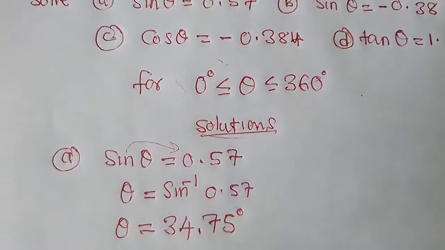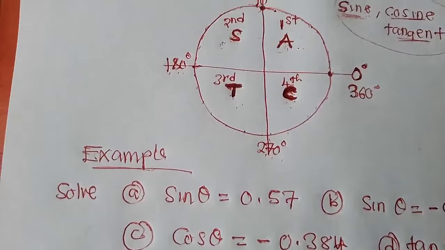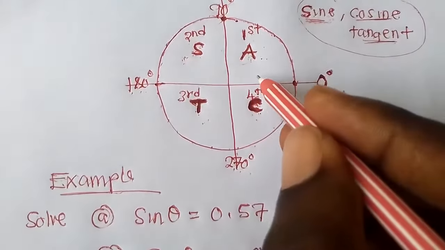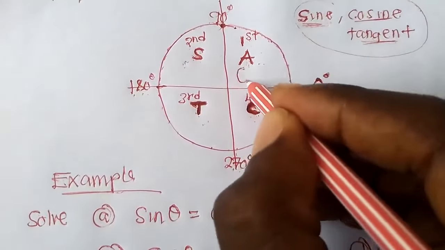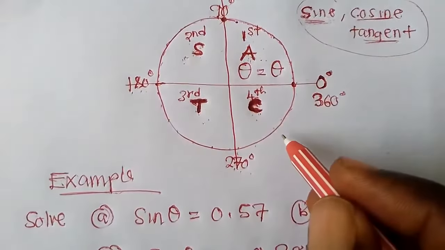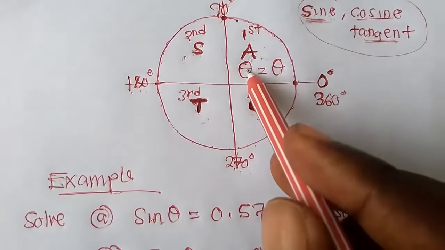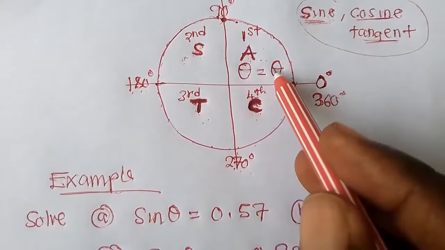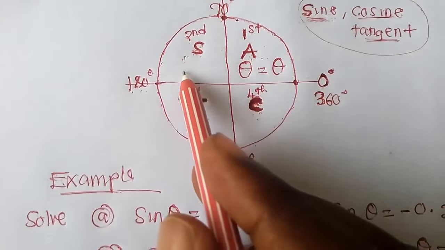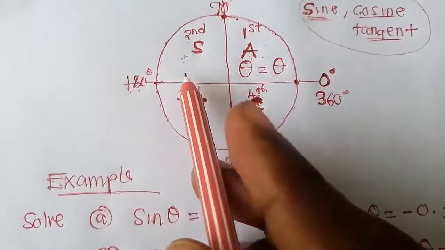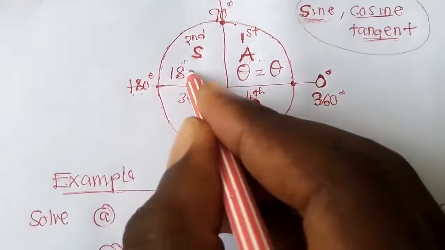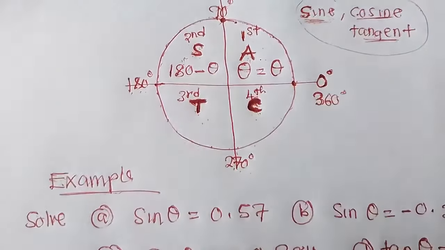The other thing that you need to know and understand is this. This is the major thing that you need to know. In the first quadrant, theta is equal to theta. Once you find the angle, that angle is the answer. When you move to the second quadrant, to find the angle there, you say 180 minus the theta which is given.